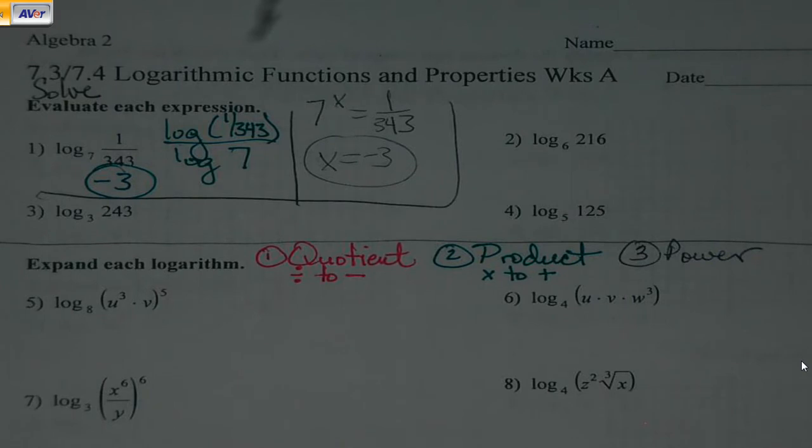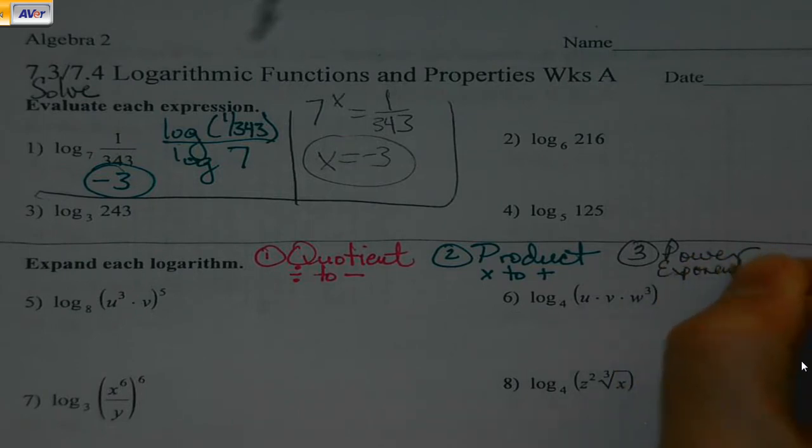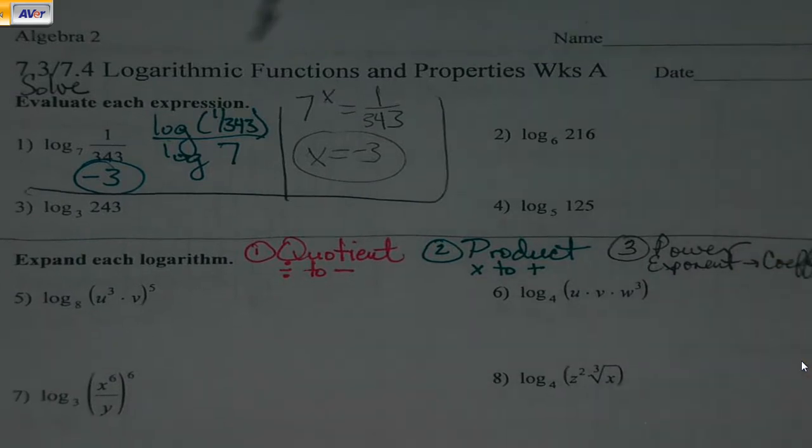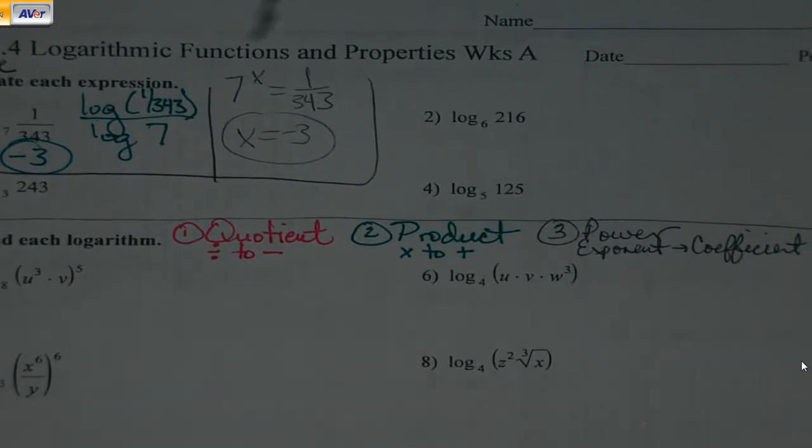And when we do power to power, we're going from exponent to coefficient.